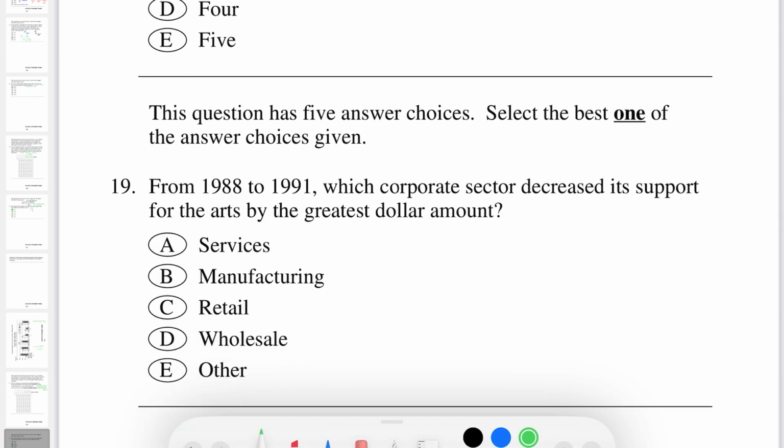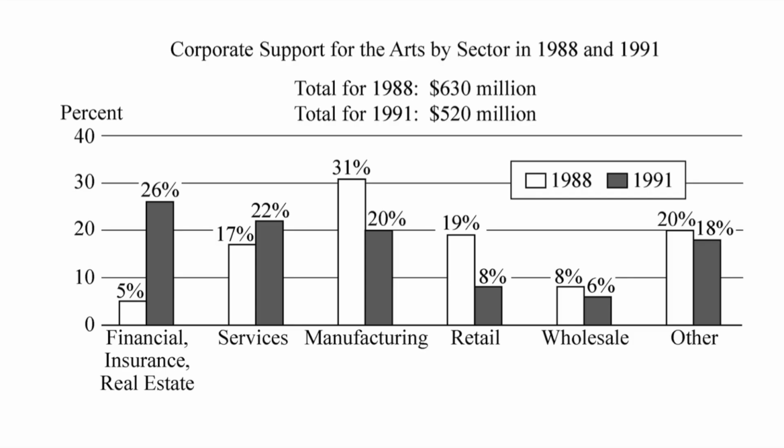From 1988 to 1991, which corporate sector decreased its support for the arts by the greatest dollar amount? Now, I'm going to start with the answer choices here because we're looking at decreased its support, and we know already that services increased its support. Everyone else decreased.